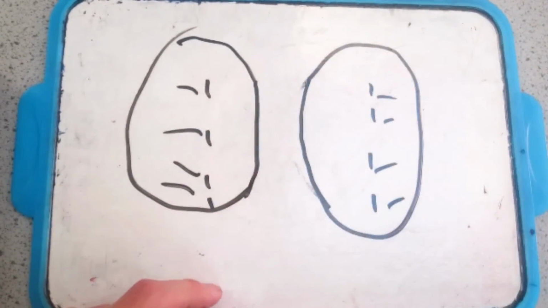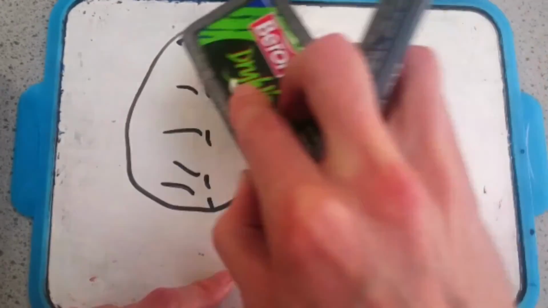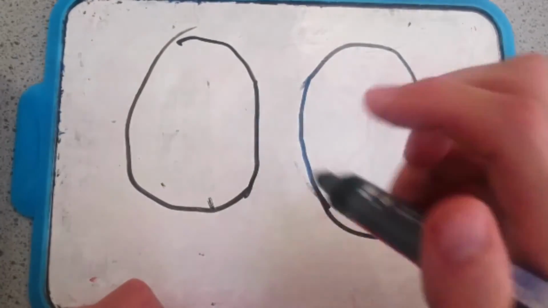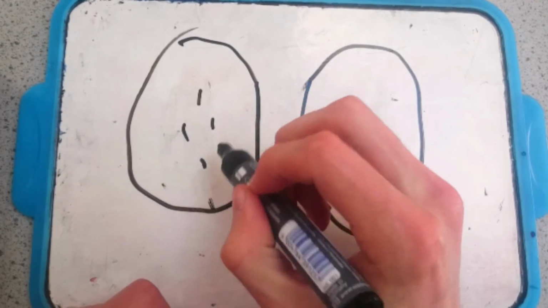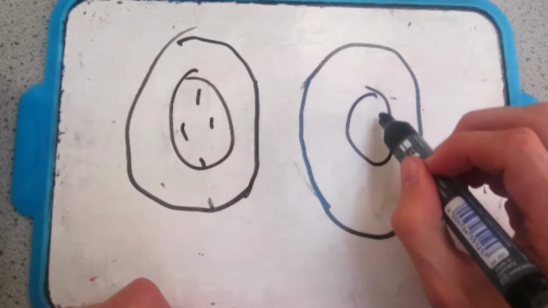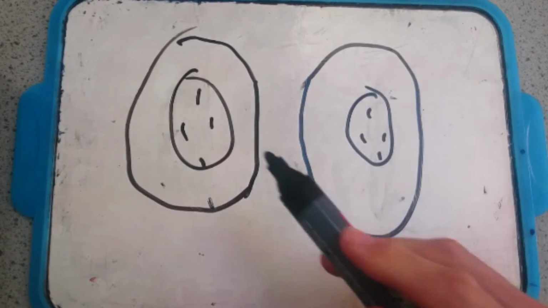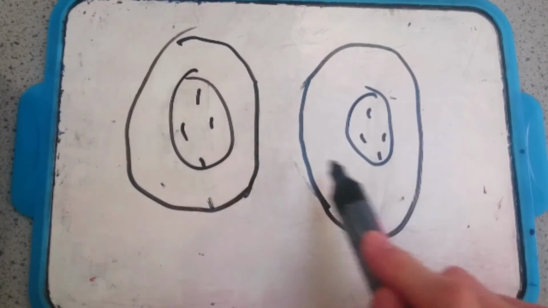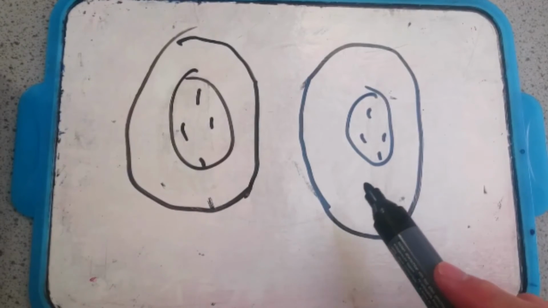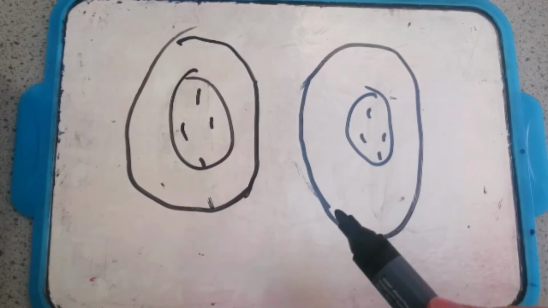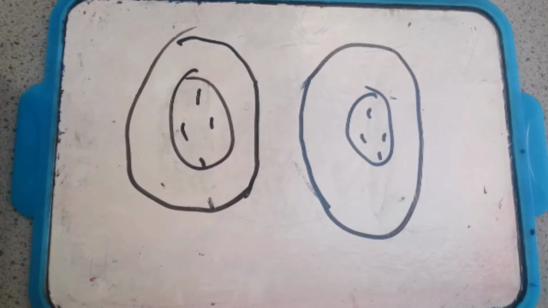A new nuclear membrane forms, so basically a new outside of the nucleus forms for each one. And remember, we had those 4 chromosomes in a nucleus, like so. And now each of these cells is identical to each other, but they are also identical to that original cell that started to divide.